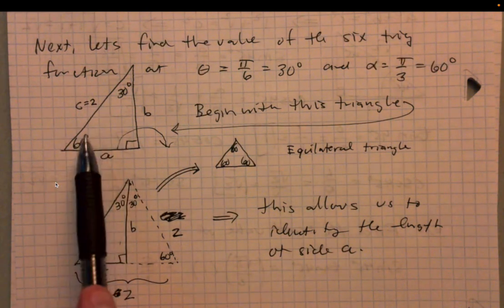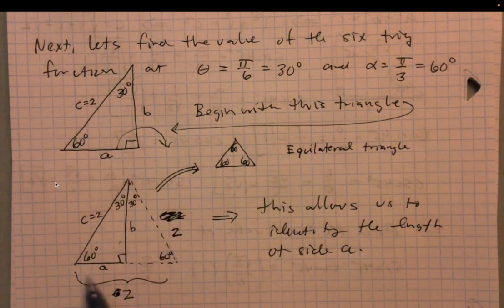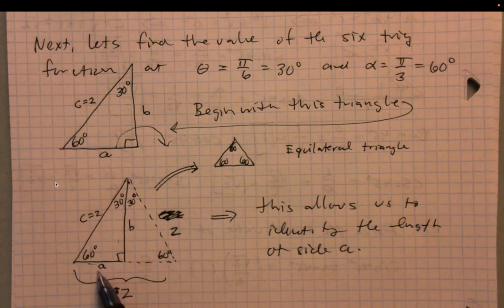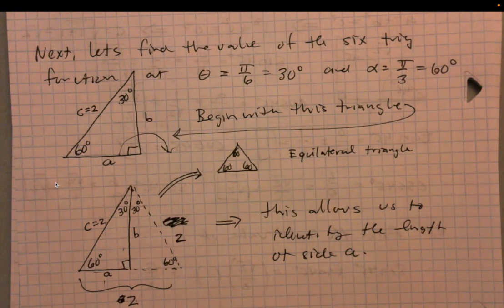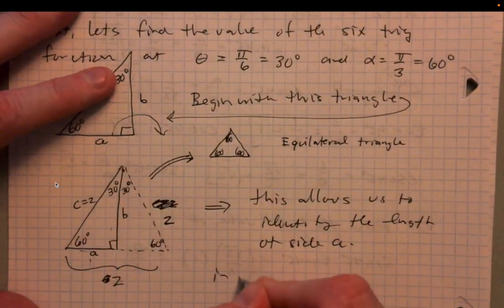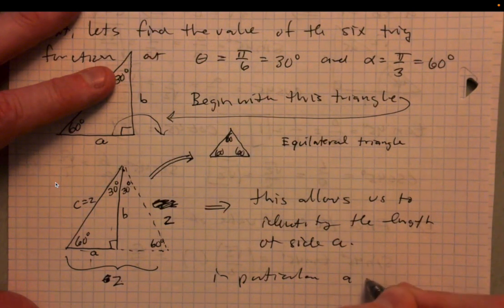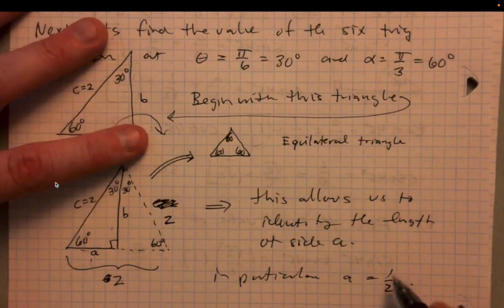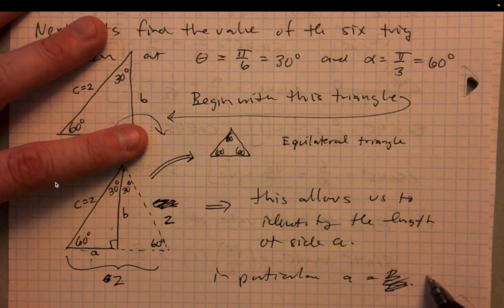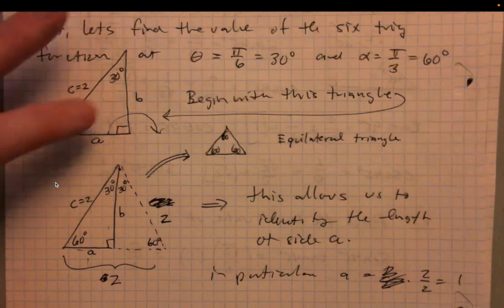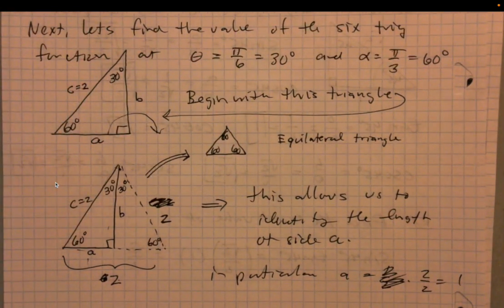But after going through this exercise, we do in fact see that A needs to be half of 2, so A is 1. So 2 over 2, right?